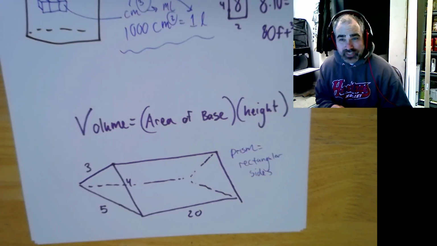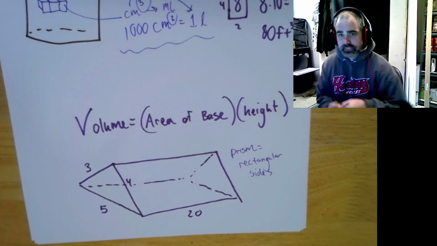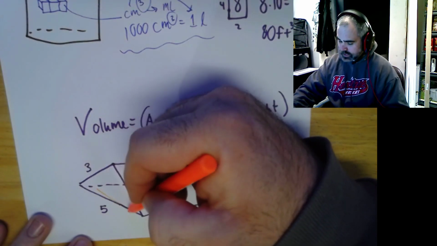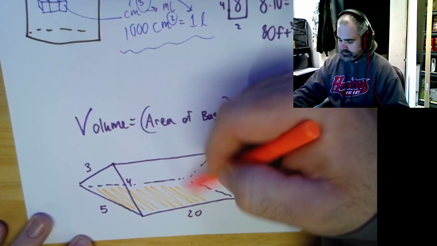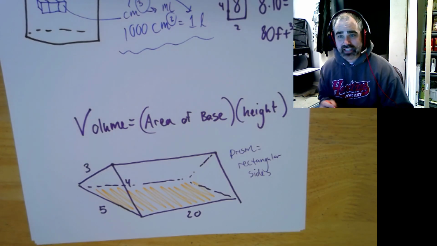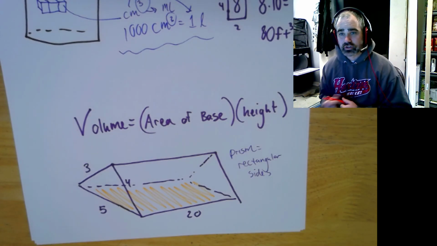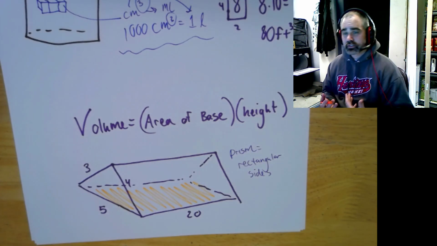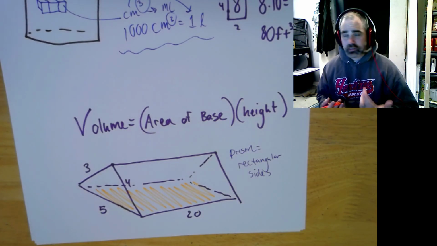So the trick is, which one is the base? And that's the tough one in this triangular prism, because our temptation is to say that this side down here is the base. That is not the base. That's one of the sides, because this is a triangular prism. The prisms, the sides are always going to be rectangles.